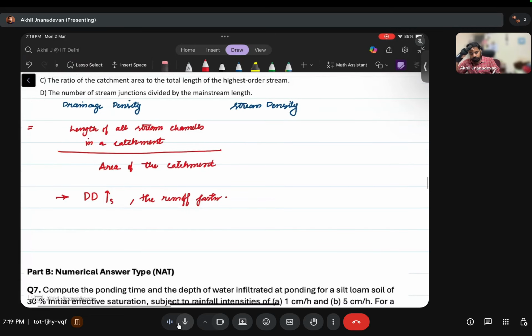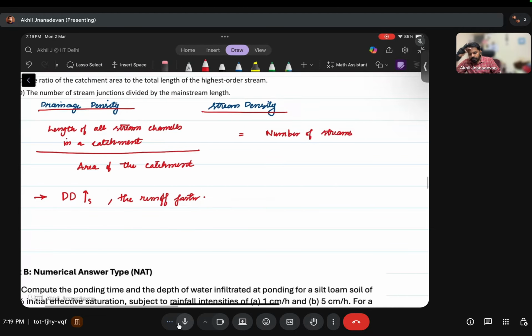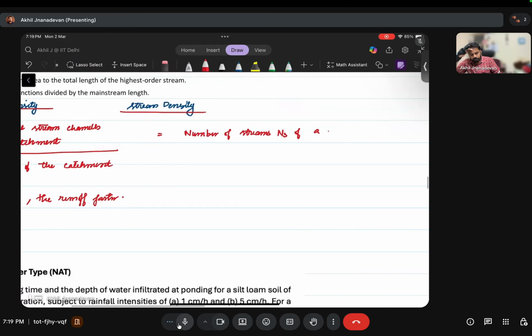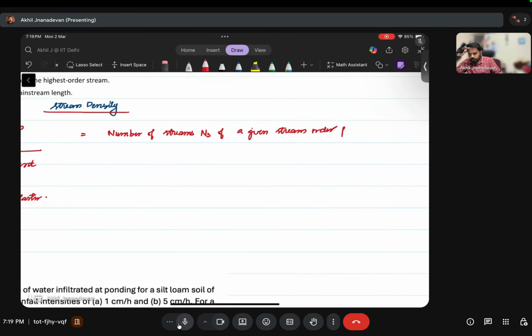And coming to stream density, it is nothing but the ratio of the number of streams Ns of a given stream order per kilometer square.